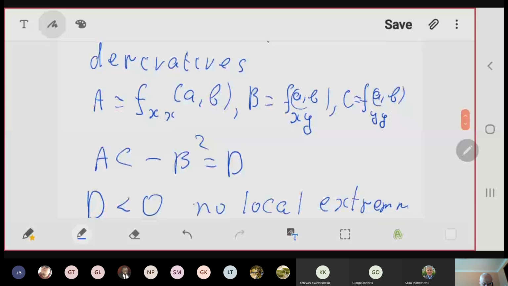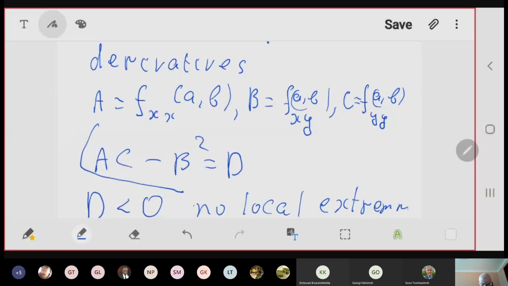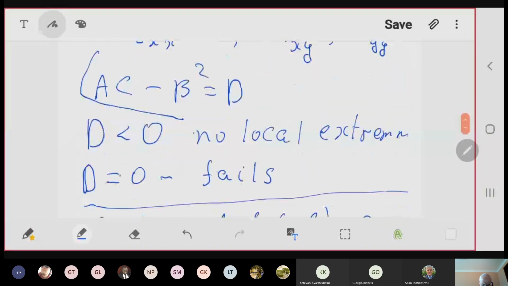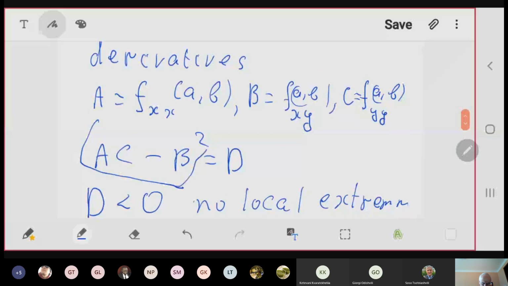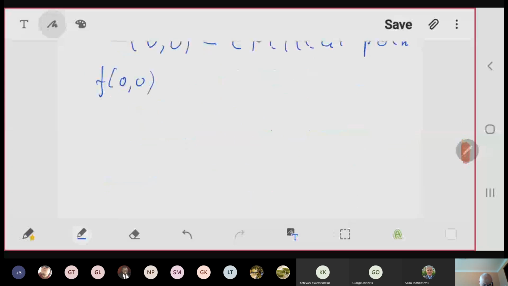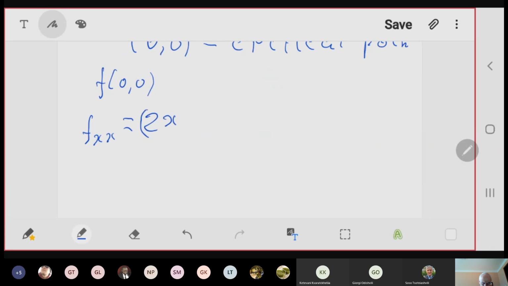We need to find, first of all, this number A times C minus B square. And to find it, we should find all second derivatives. So first of all, let's find f(x)(x). What is f(x)(x)? It's 2 times x, and the derivative by x is absolutely 2.